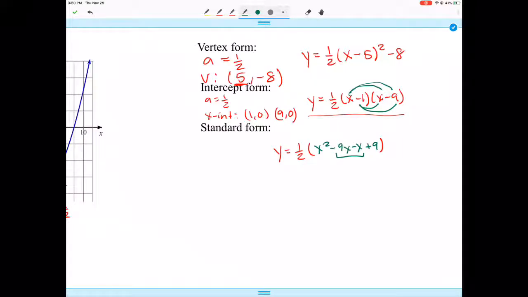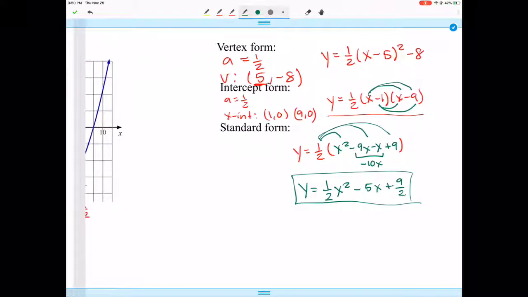Combine these like terms, that gives us a negative 10x, and then we just distribute our 1/2. So y equals 1/2 x squared minus 5x plus 9/2. Okay?